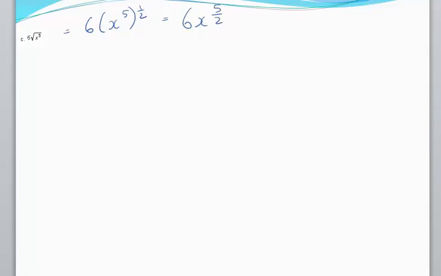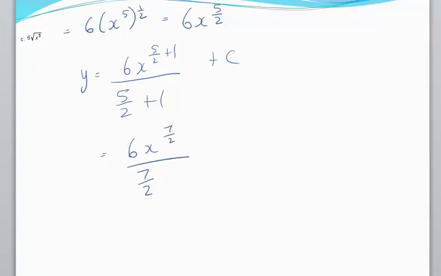So now we want to integrate this. We're going to find y is equal to 6x to the power of 5 on 2 plus 1, plus our constant, divided by 5 on 2 plus 1. So this will be 7 on 2 divided by 7 on 2.